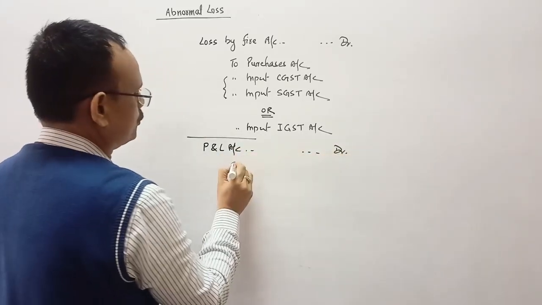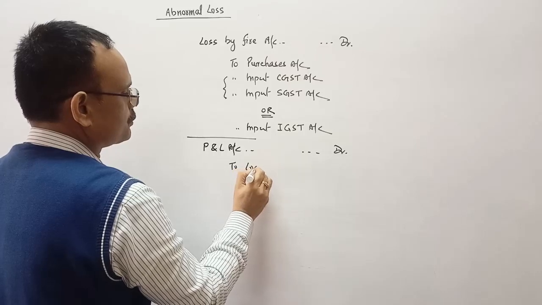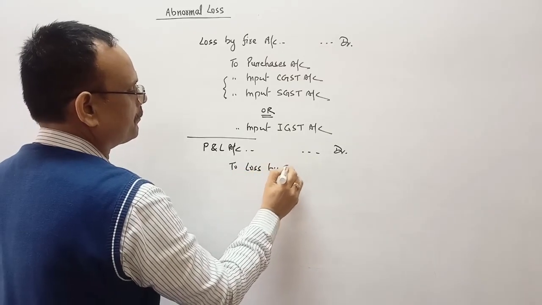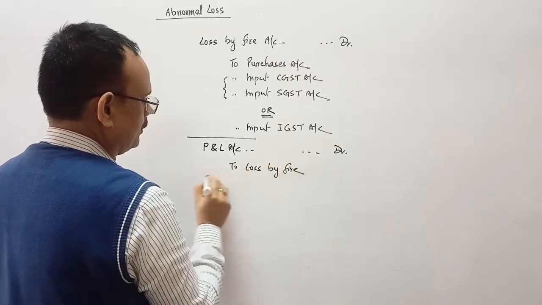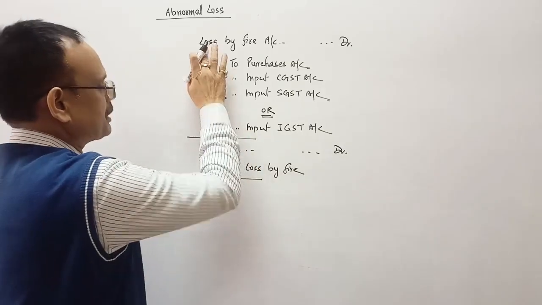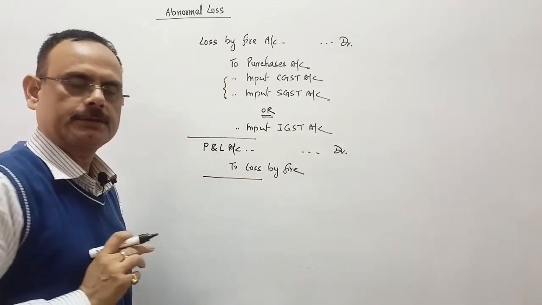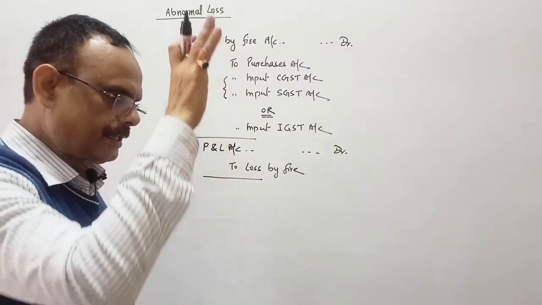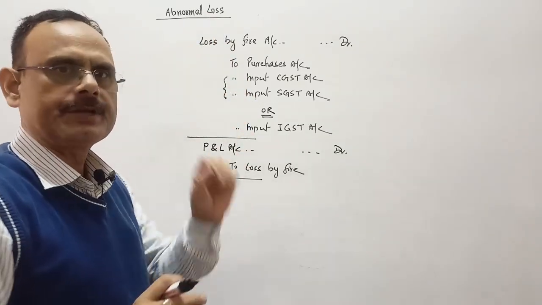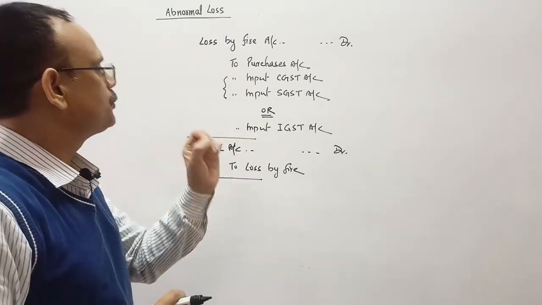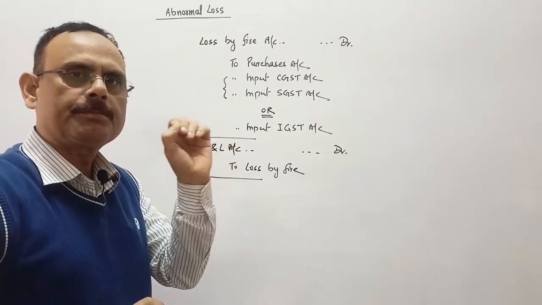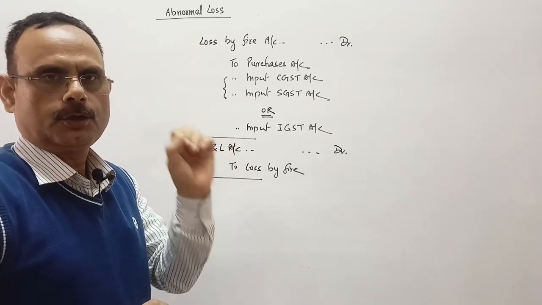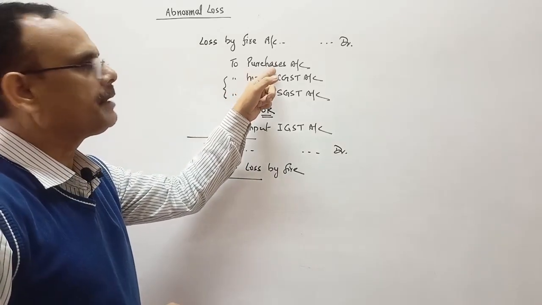And thereafter this will be transferred to profit and loss account, debit to loss by fire. This will be transferred to profit and loss account. So while preparing the financial statement in trading account debit side, you deduct loss by fire from the purchase.